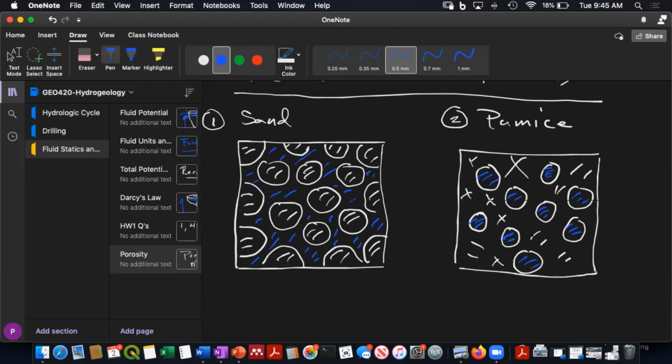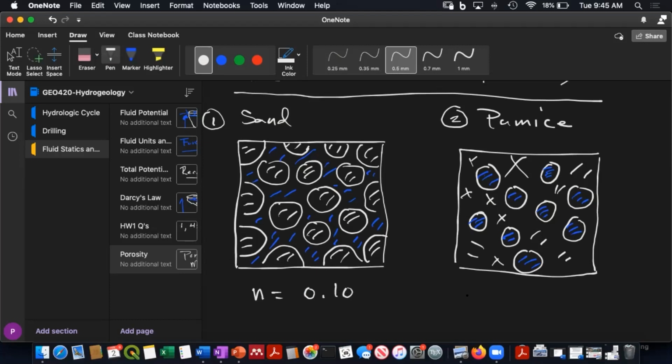So let's say that the total porosity, N, of these two is about the same. So we'll go with 10%. All right, so the volume of void space between these two rocks is the same.